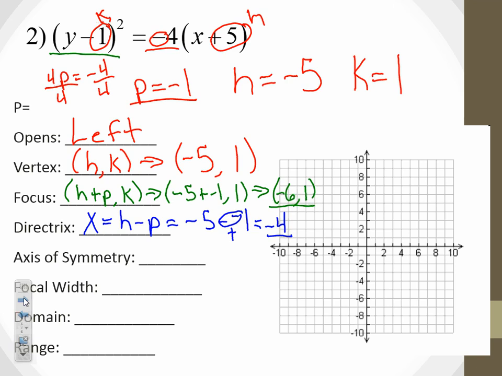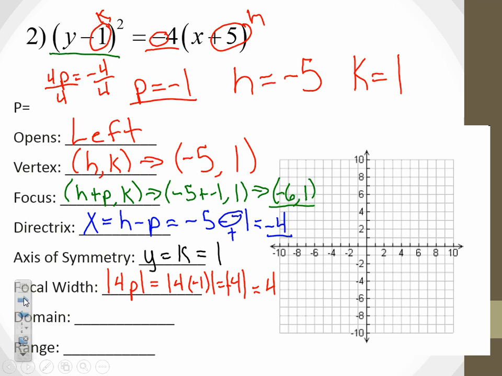Our axis of symmetry for this one is going to be y equals k, and our k is just 1 this time. Focal width, absolute value of 4p. Absolute value of 4 times negative 1, which is negative 4. Absolute value of negative 4 is 4.